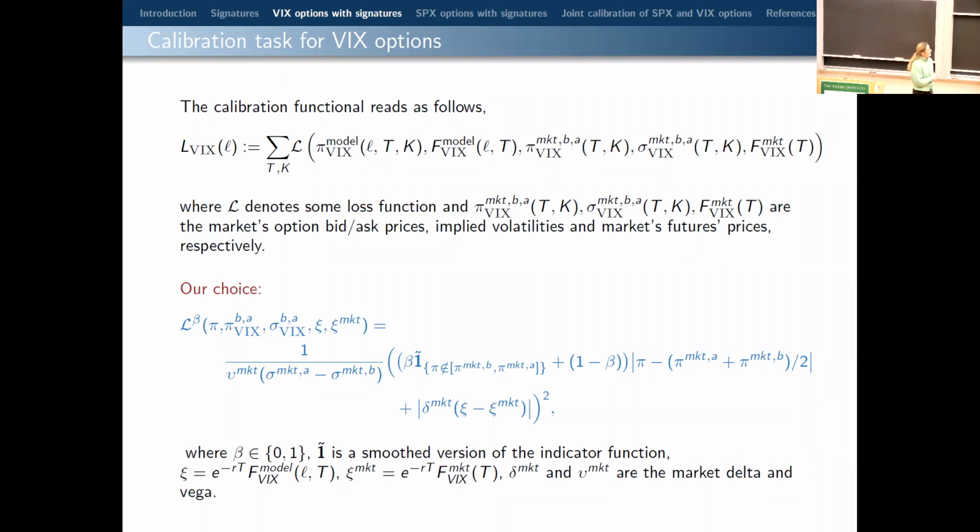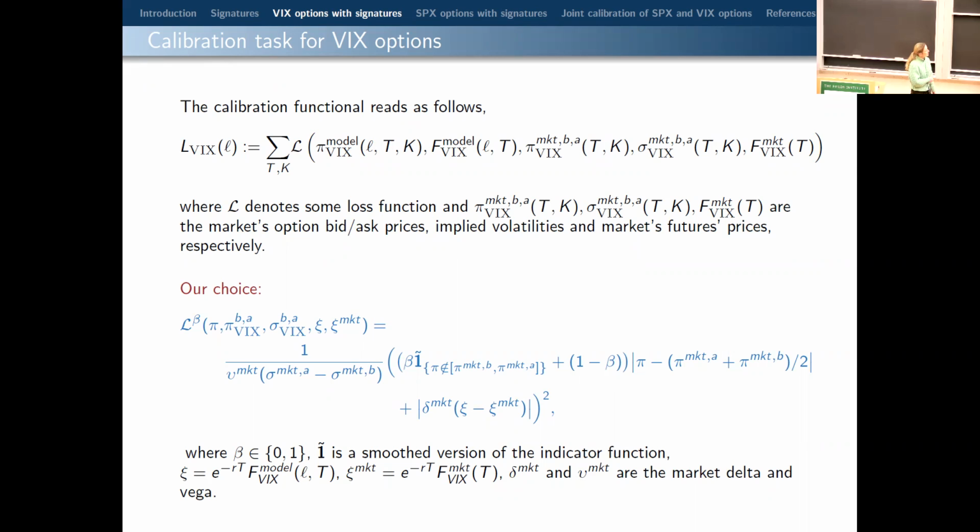So in fact, we want to calibrate to the future prices and also to the option prices. Here we have the mid price from bid and ask from the market for the options. Here comes the difference between the market prices for the futures, this one here and the model one, and we weight this with the market delta. And this beta here can be either 1 or 0.